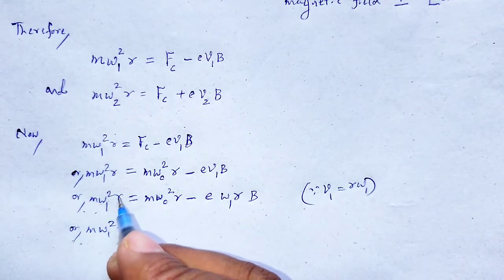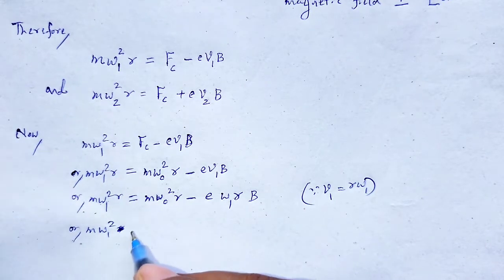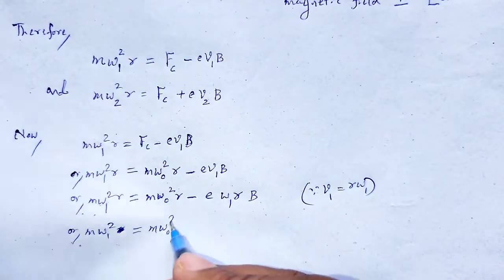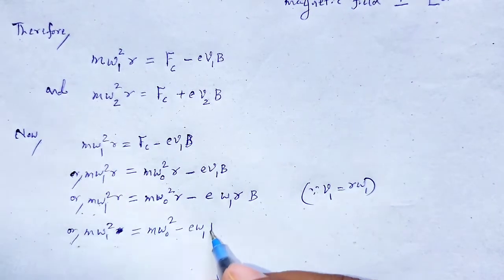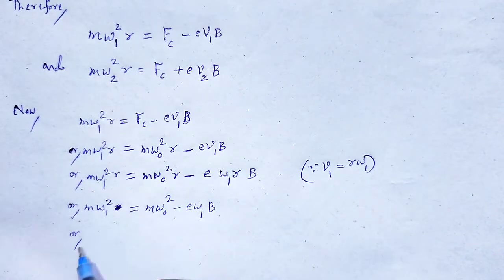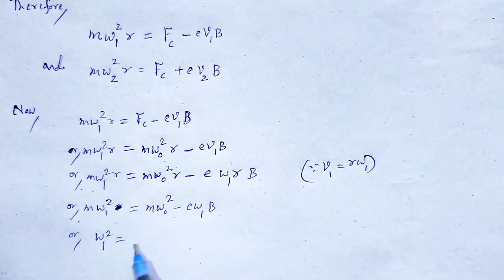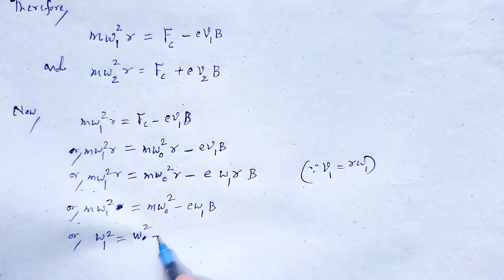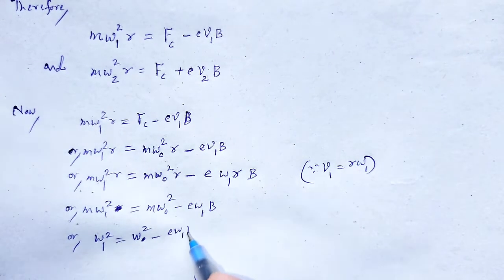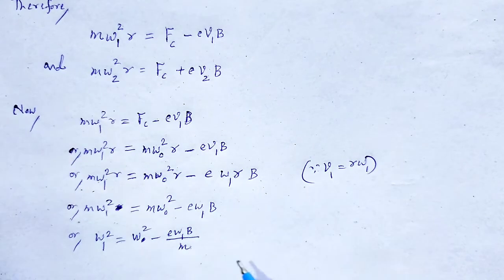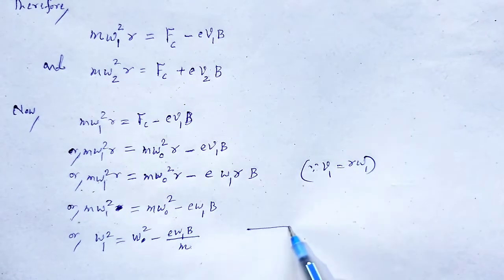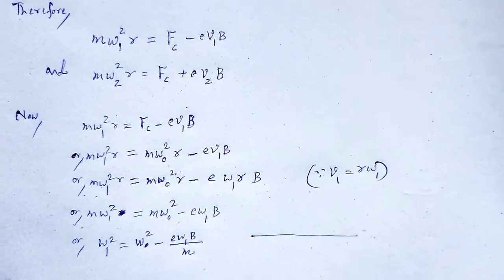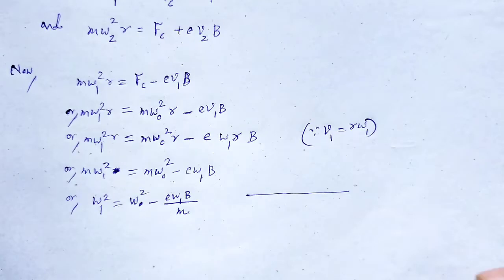Let r be taken as common on both sides and r cancels out, so m omega 1 square is equal to m omega naught square minus e omega 1 B. Dividing by m on both sides, omega 1 square is equal to omega naught square minus e omega 1 B divided by m. Let this be equation number 1.